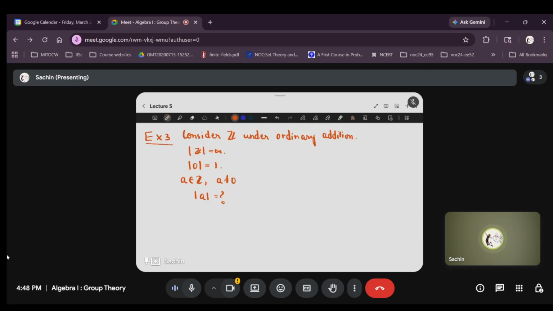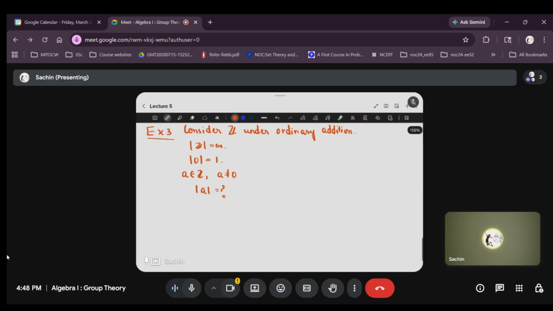So then what will be the order? Any integer. You can take a specific example. What is the order of 1?